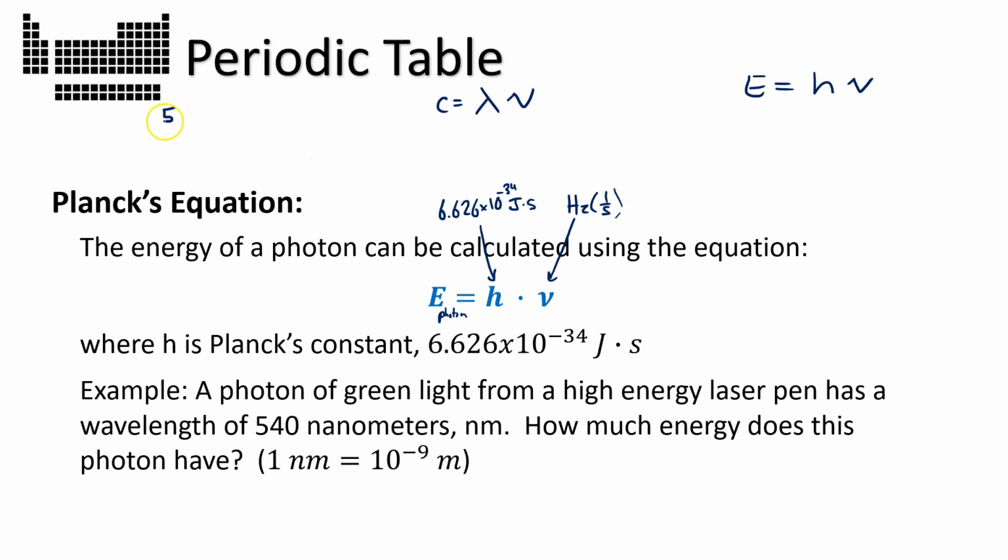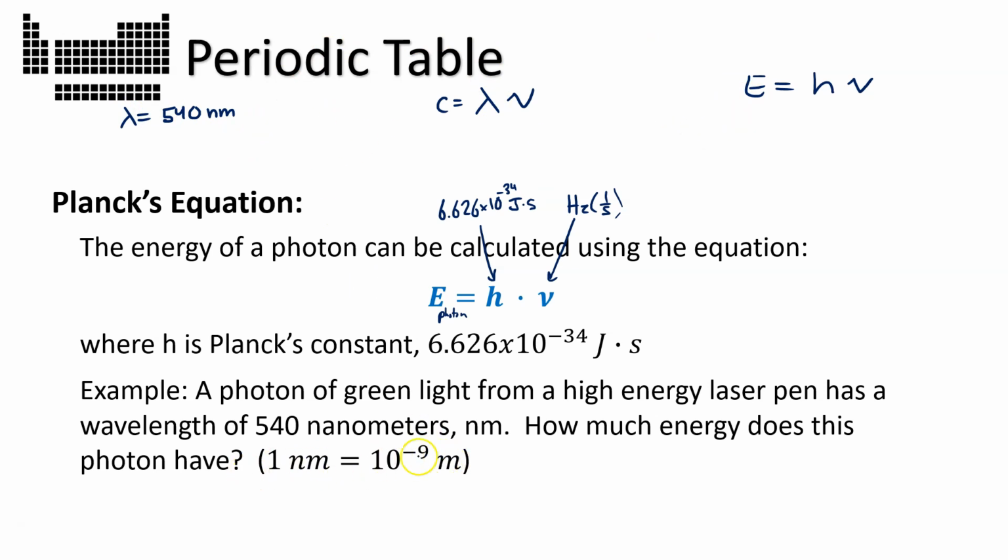As one added issue, I wasn't told the wavelength in meters, and that's the unit that you're supposed to use. I was told the wavelength in nanometers, so we have to go one extra step and turn my nanometer wavelength into meters first before I can even start the math.